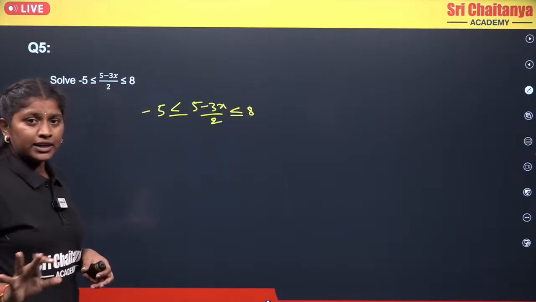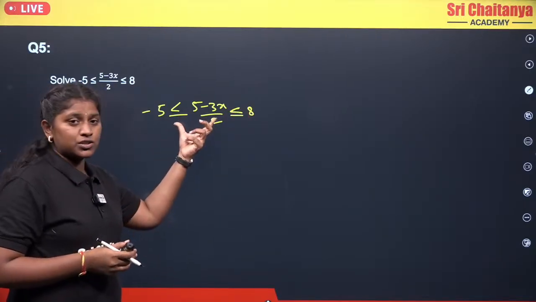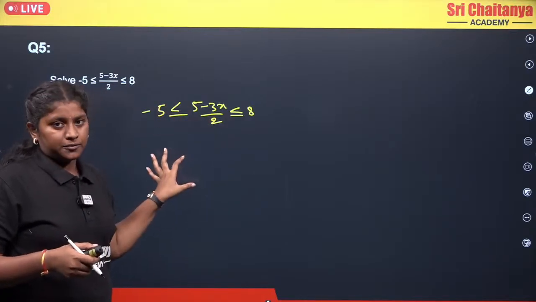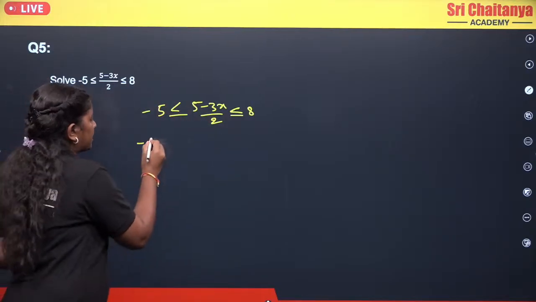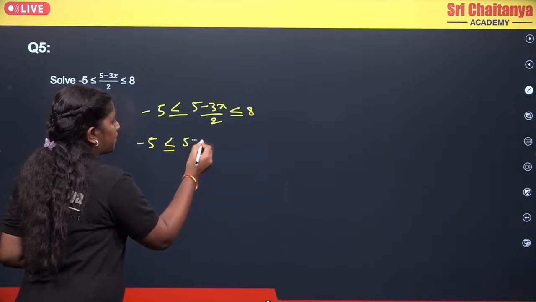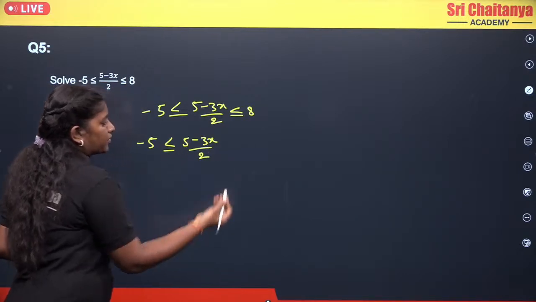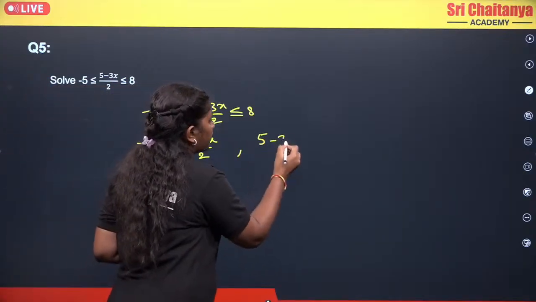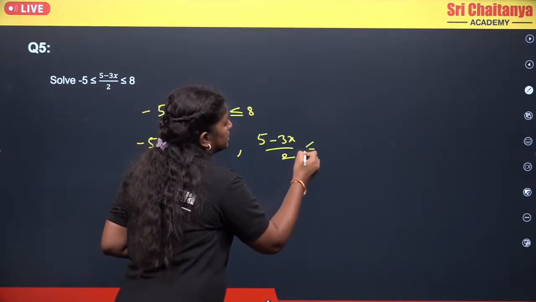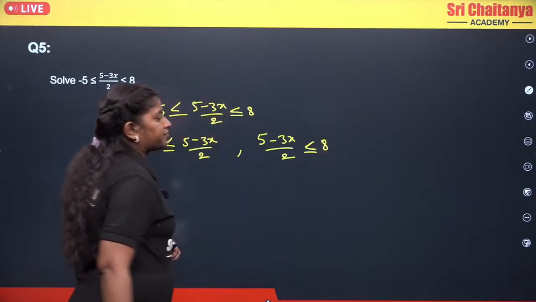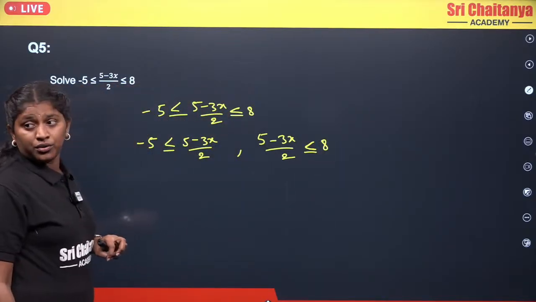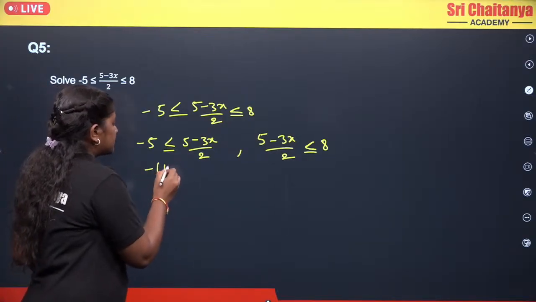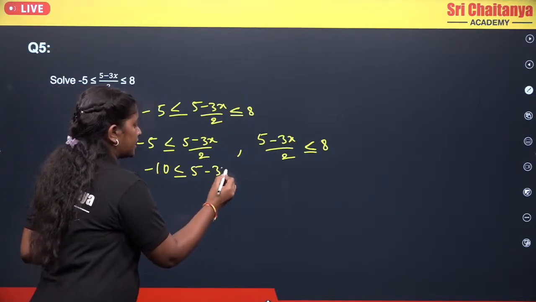Now coming to minus 5 less than or equal to (5 minus 3x) by 2 less than or equal to 8. If you find difficulty with a double inequality, you can just split it. One inequality is minus 5 less than or equal to (5 minus 3x) by 2, and the other is (5 minus 3x) by 2 less than or equal to 8. For the first one, it becomes minus 10 less than or equal to 5 minus 3x.